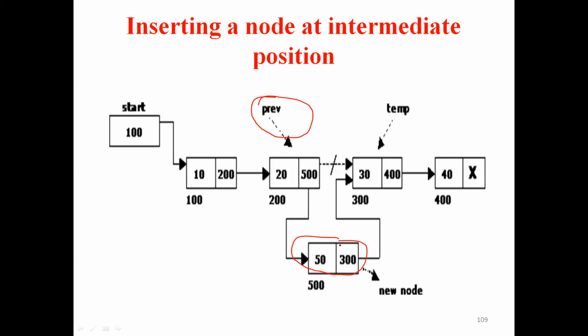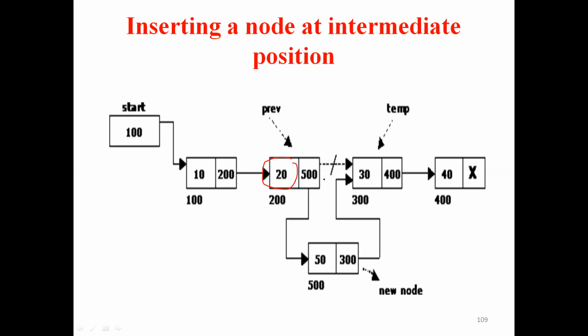I will call node 10 the first node, and node 40 the last node. Hereafter, I will tell only the data part, and it directly represents the particular node. The previous node here is 20, so I am going to insert after 20. After 20 it looks like this.